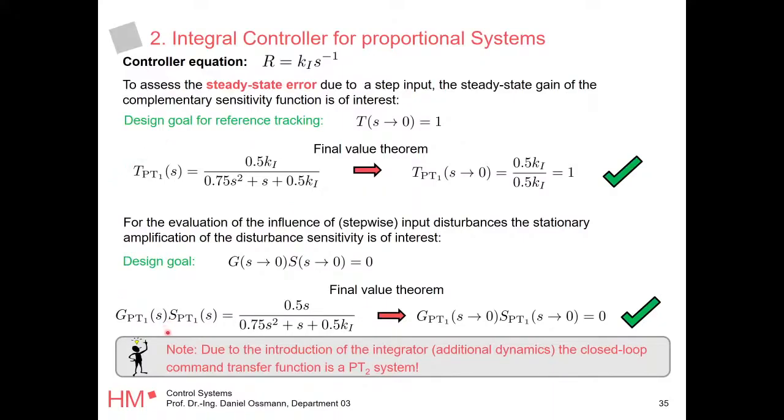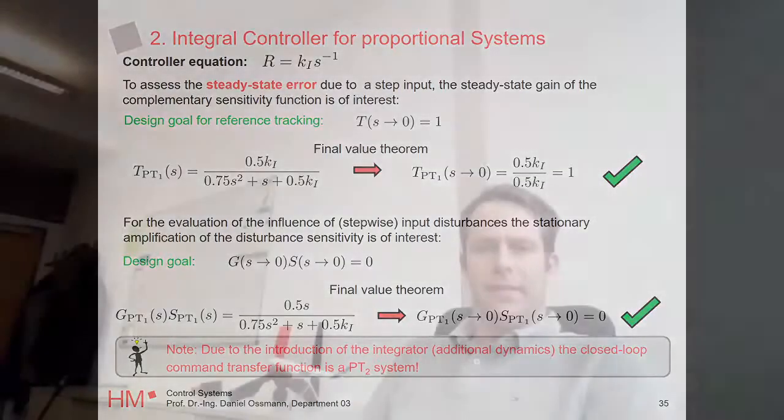Okay, so let's stick around with the proportional system, with the PD1 system for a while, because we will see we will have some issues with an integral controller when we have an integrating system already. So let's talk about what's happening to the dynamics now, right?